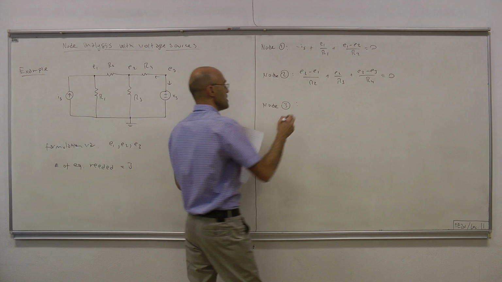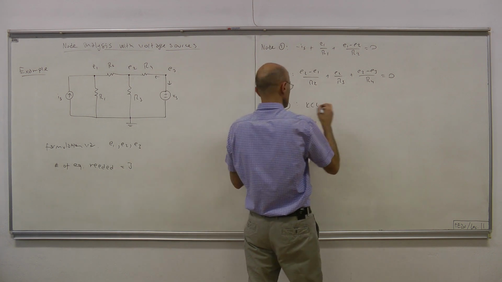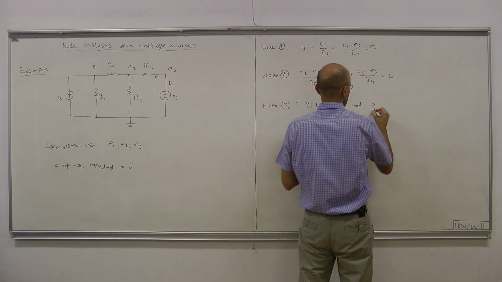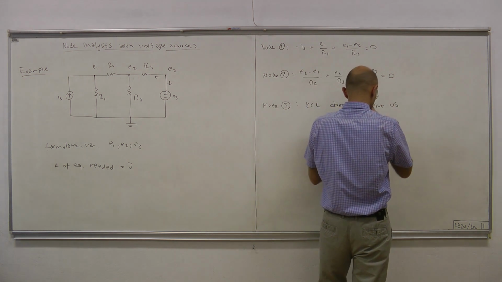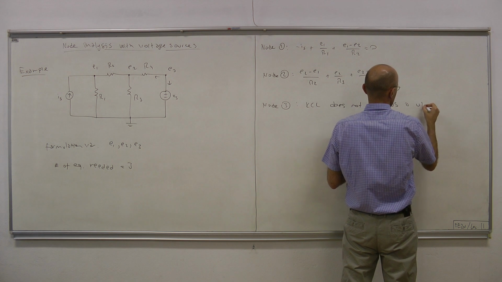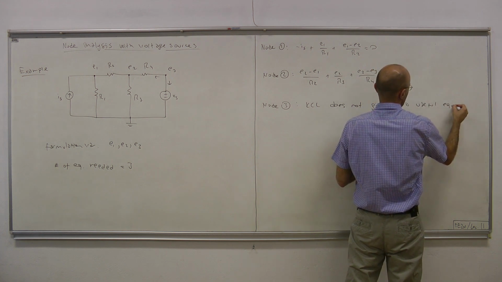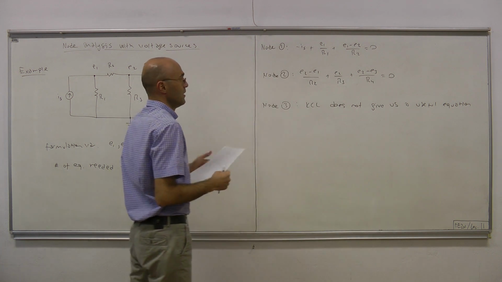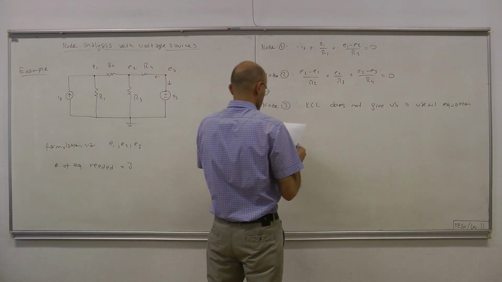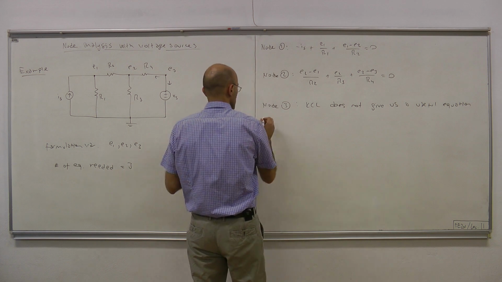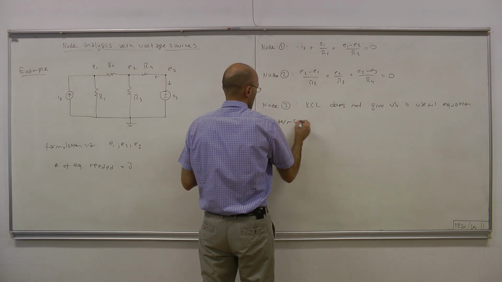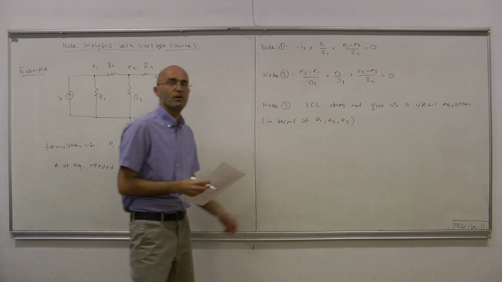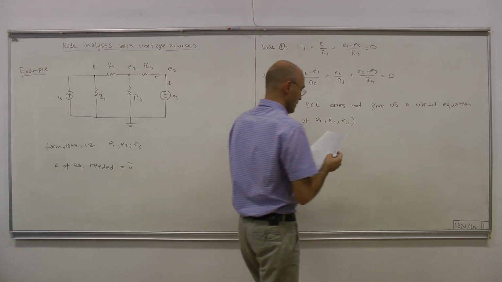Now KCL does not give us a useful equation. In fact, it doesn't give us any equation at all in terms of the E1, E2, and E3 formulation variables here.